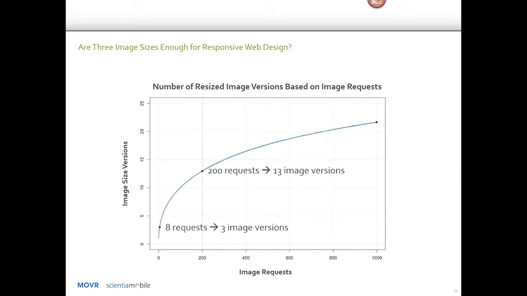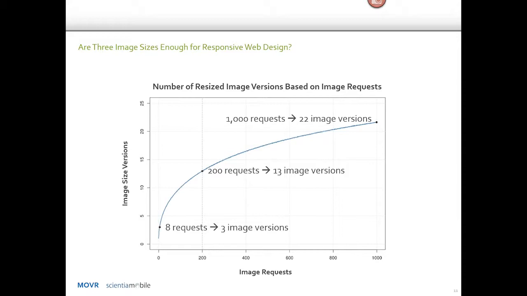So what we did is we looked at the history that we have seen. We plotted out some of the results. And one of the things we saw right away was this idea of three different image versions, one for laptop, tablet, or smartphone.